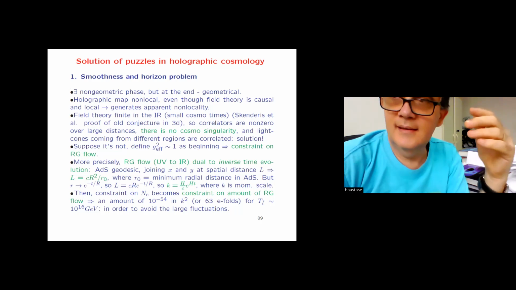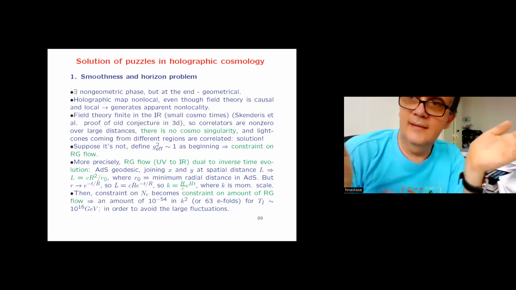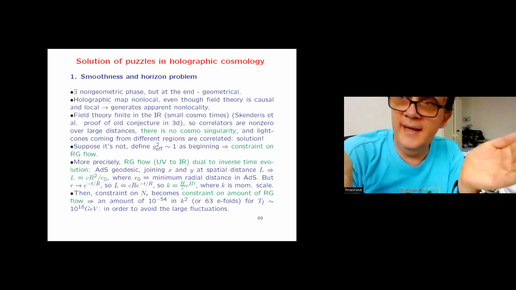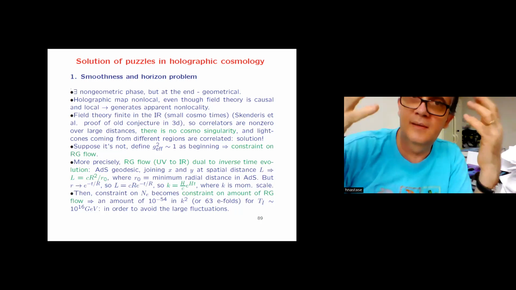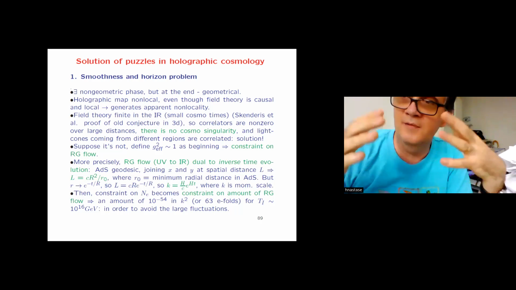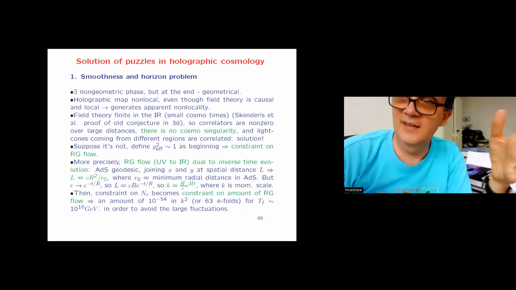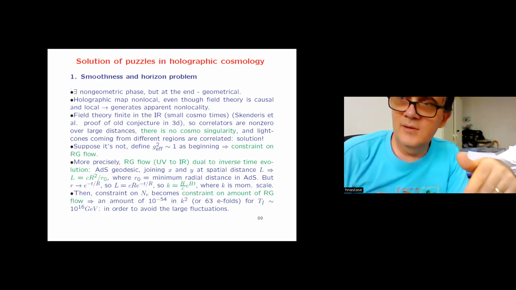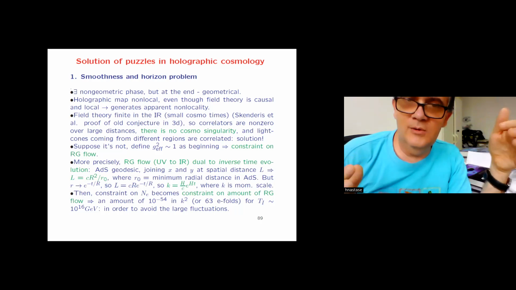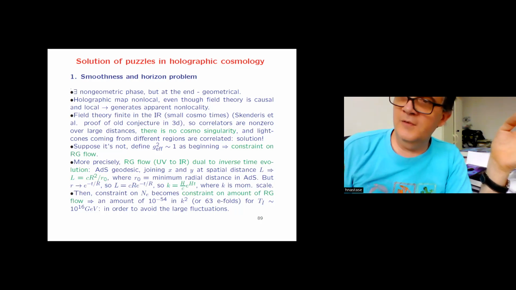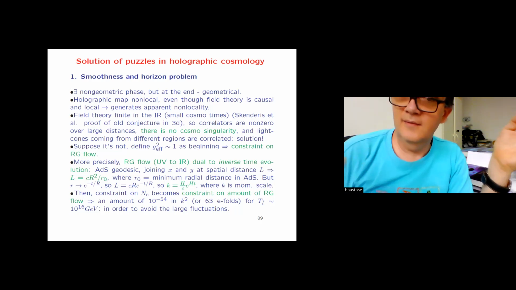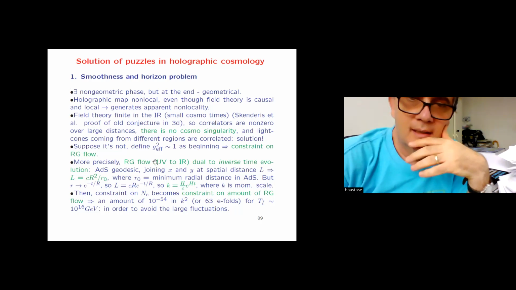Remember, the horizon problem generates a constraint on the number of e-folds for inflation. So this would now correspond to a constraint on the amount of RG flow in field theory.